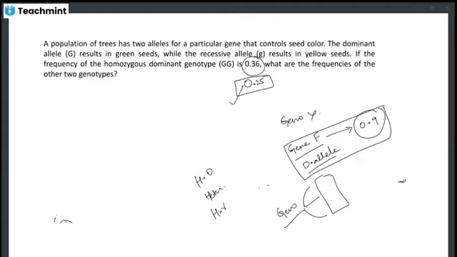And if I say a statement that maternal effect is governed by nuclear genes, is the statement right? No. Okay.